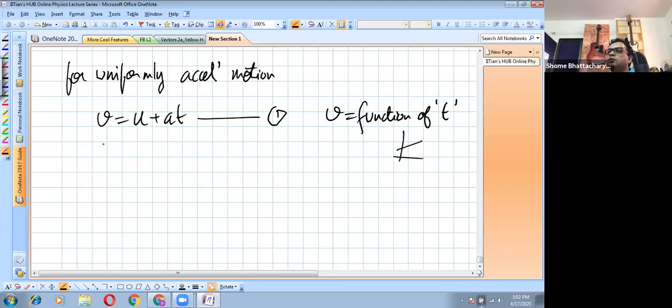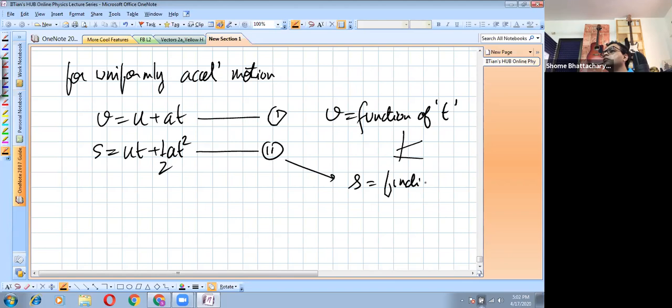Like this. Now the second equation is displacement as a function of time. In the next lecture, we'll see in a lot of detail how that displacement graph looks. It looks like a parabolic curve.